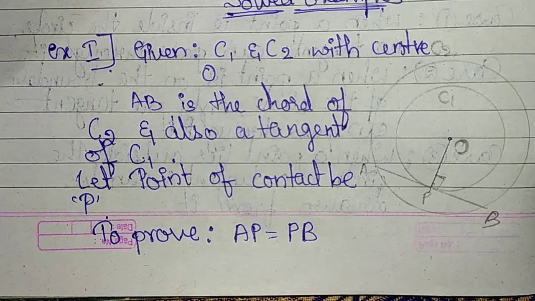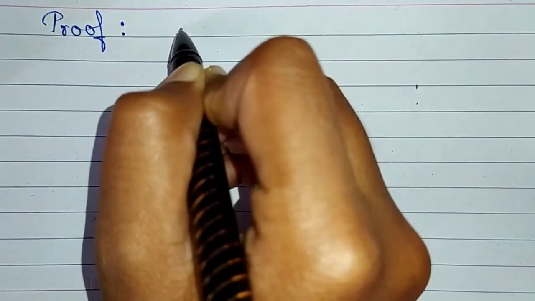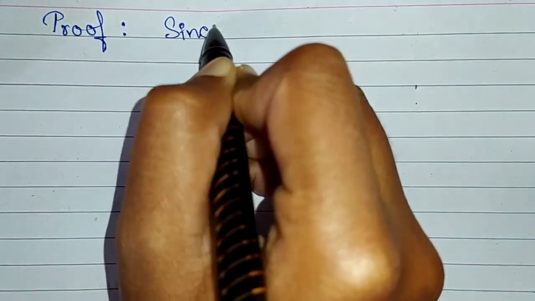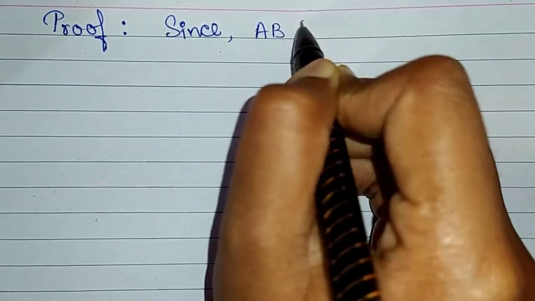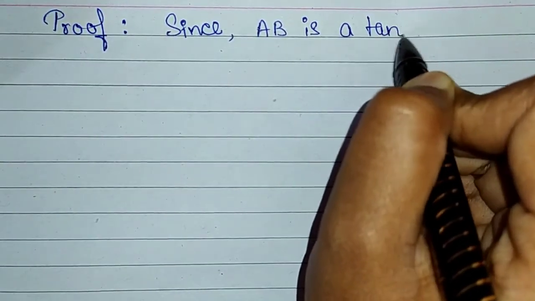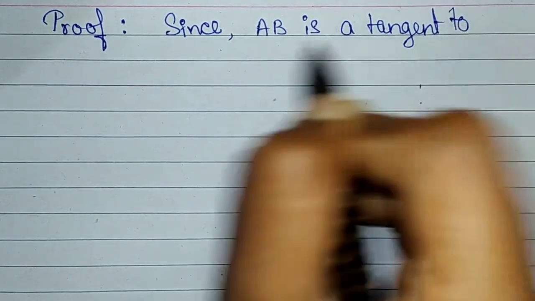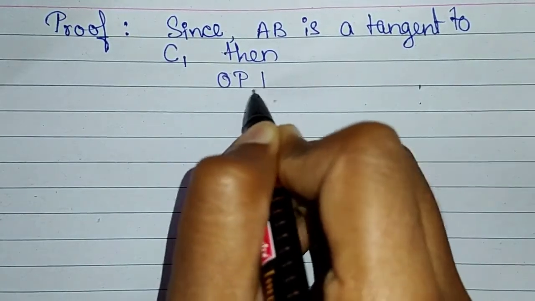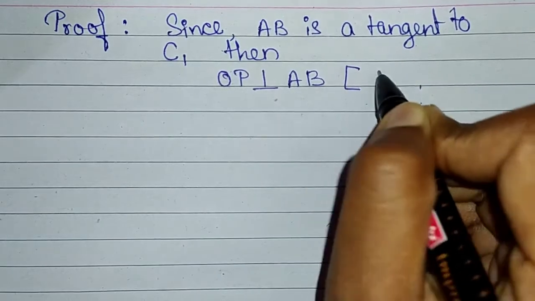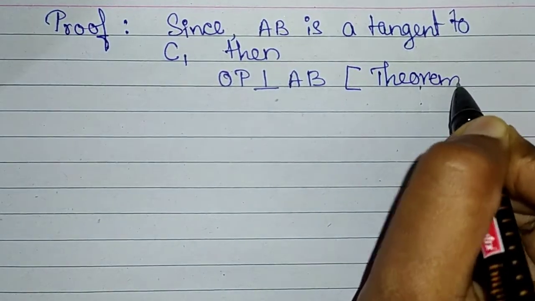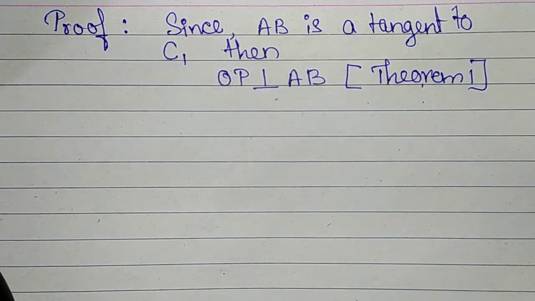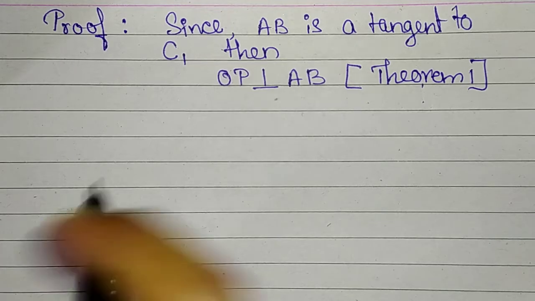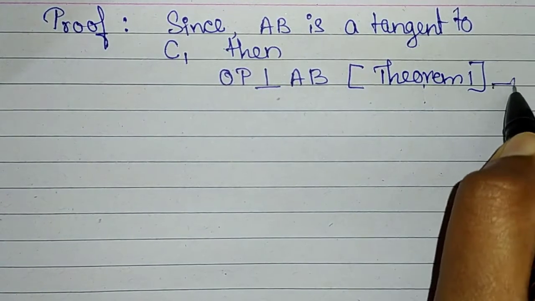To do that, proof: since AB is a tangent to circle 1, OP is perpendicular to AB from theorem 1 of the chapter. That says that the tangent to a circle is perpendicular to the radius at the point of contact. So OP is perpendicular to AB. This is our result 1.